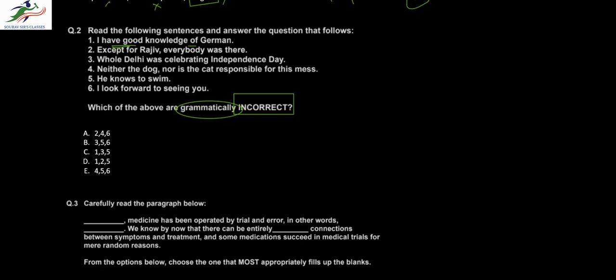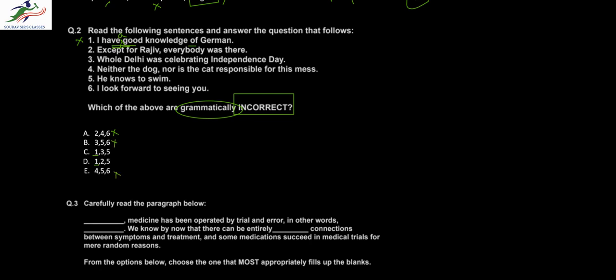Now note the words I have good. We don't say I have good knowledge. We say I have a good knowledge. So the word a is missing here. So this is an incorrect sentence. Now we see one appears in C and D, so we can straight away reject the other ones.